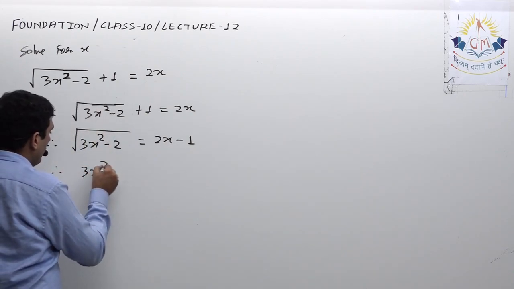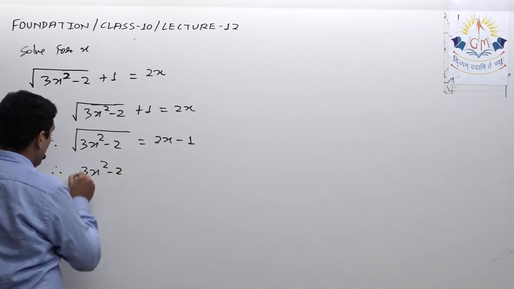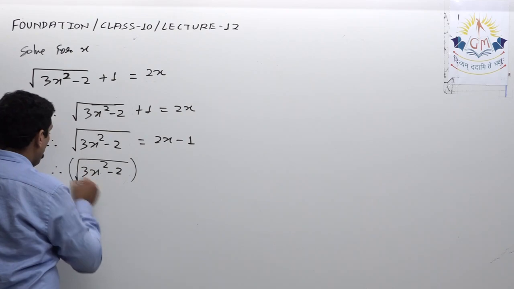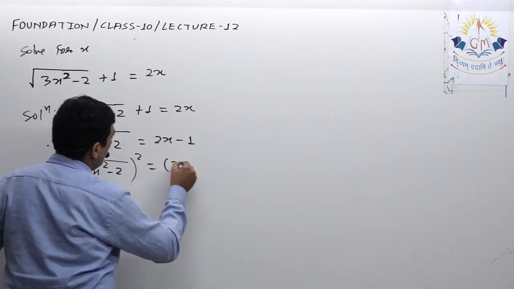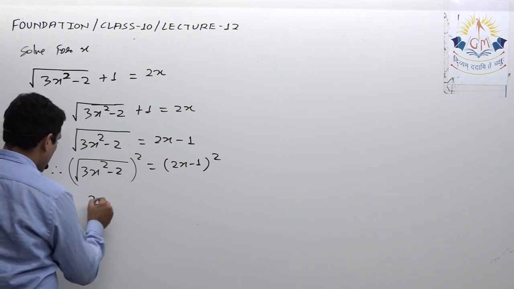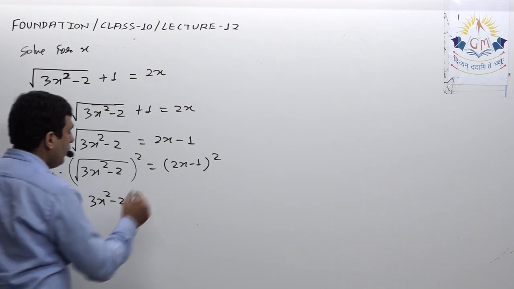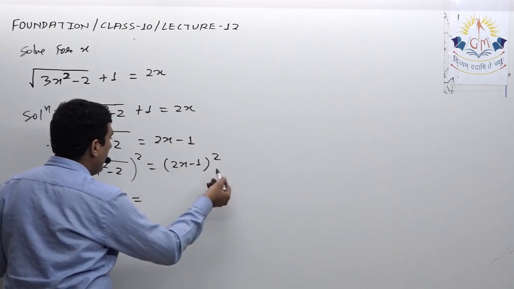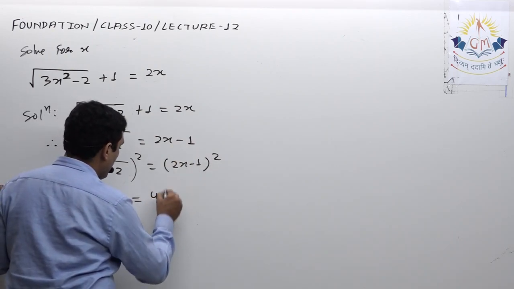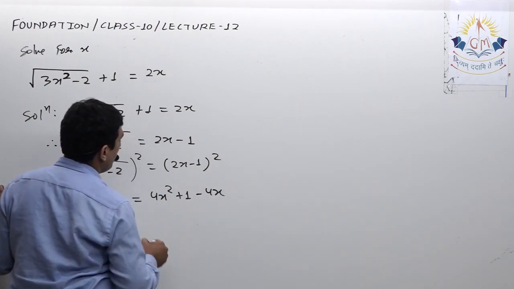So 3x square minus 2 is equal to 2x minus 1 whole square. This remains as it is, that is 3x square minus 2 only. Over here, when I apply the identity of a minus b whole square, a square plus b square minus 2ab, that is minus 4x.